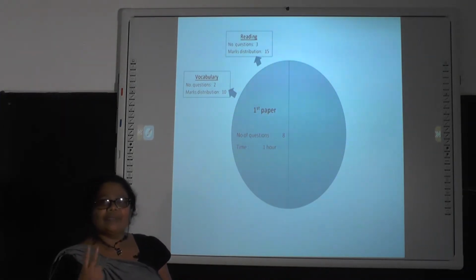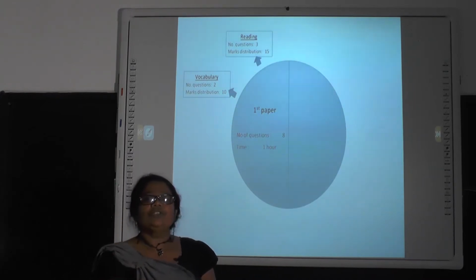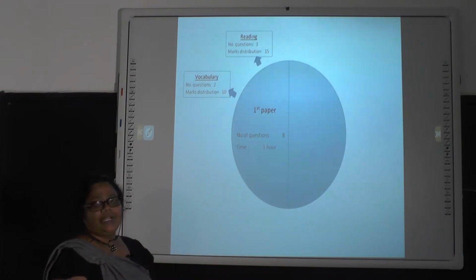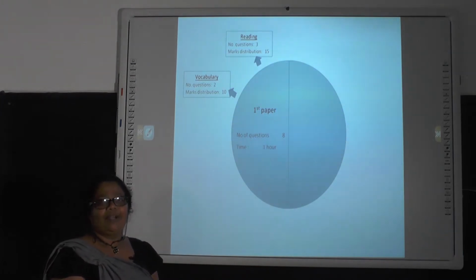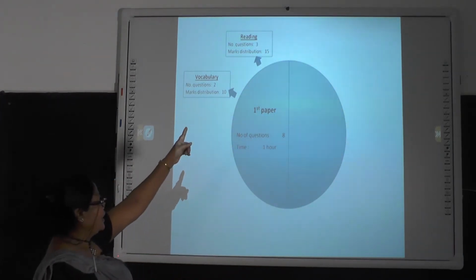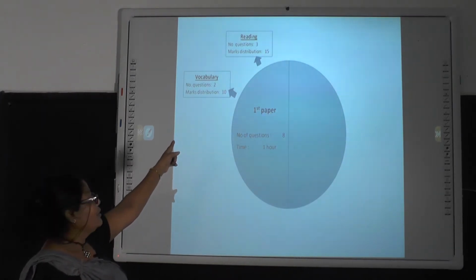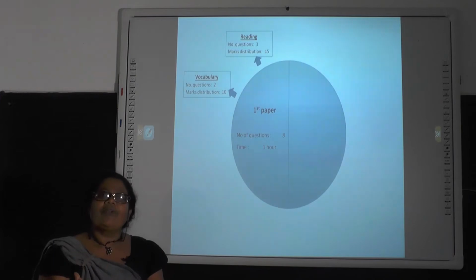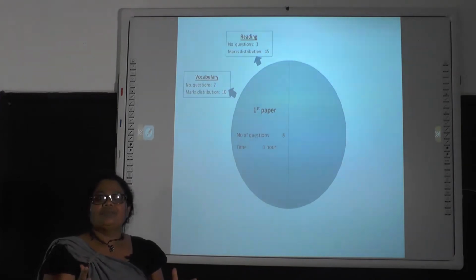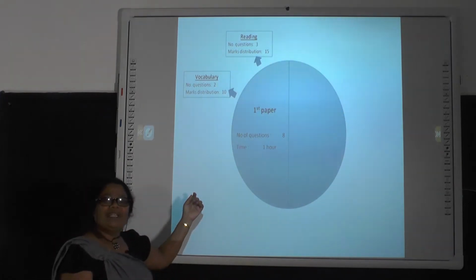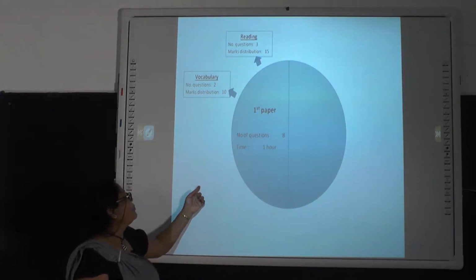Remember, in your first paper, there are 2 tests or questions under vocabulary that carry 10 marks. Now imagine, if you earn those 15 marks and these 10 marks, you have already reached an S pass or a pass mark. And remember, these questions are so easy.